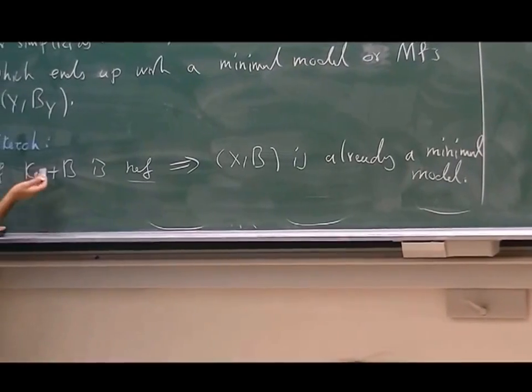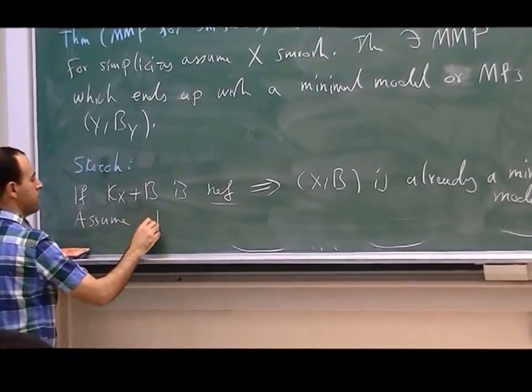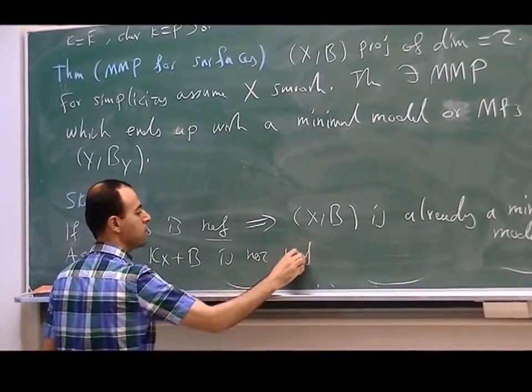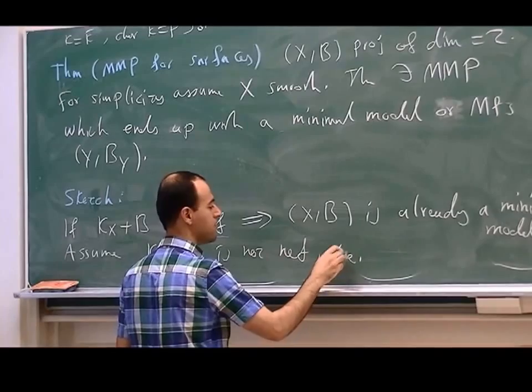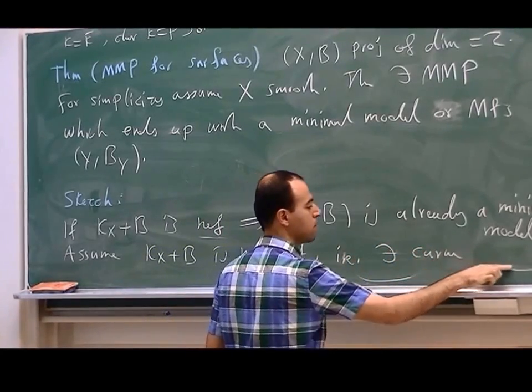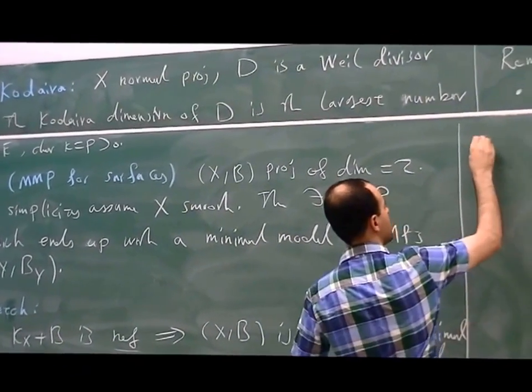So assume that we don't have this positivity, which simply means that there is some curve, let's say C, with negative intersection number.